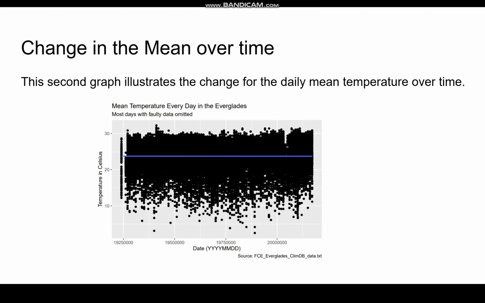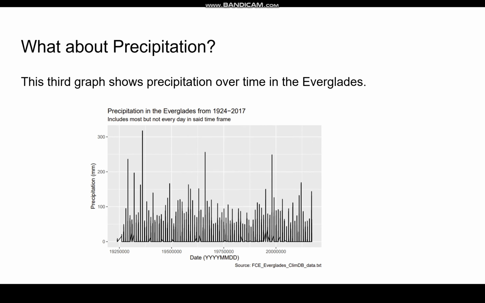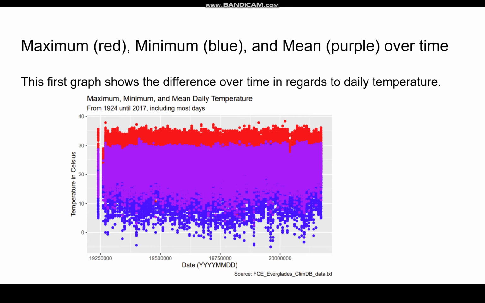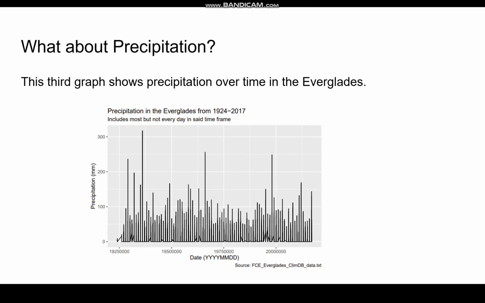So I asked myself, could that be attributed to the precipitation? And as you can see here, the third graph shows precipitation over time in the Everglades. If you look closely, obviously there's spikes, but if we go back, you will notice that the minimum temperatures actually are more extreme when precipitation is higher.